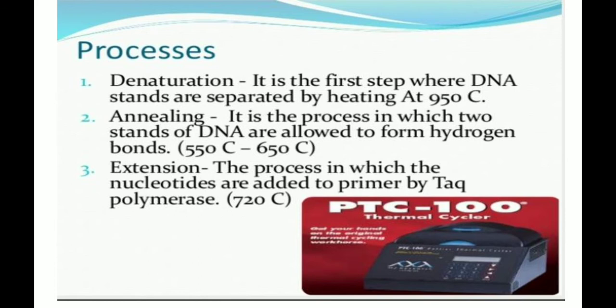In the first step, that reaction mixture is heated to a temperature between 90 to 98 degrees Celsius, where the DNA strands are separated. After denaturation you will get separated DNA strands. So DNA is denatured at 95 degrees Celsius, or 90 to 98 degrees Celsius.